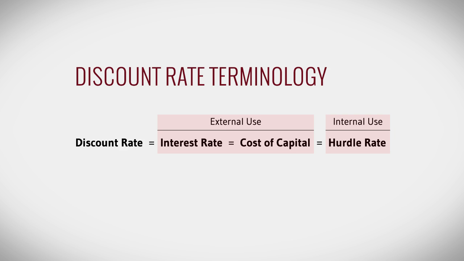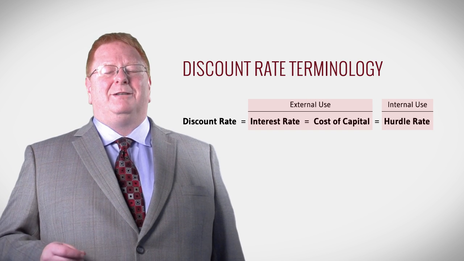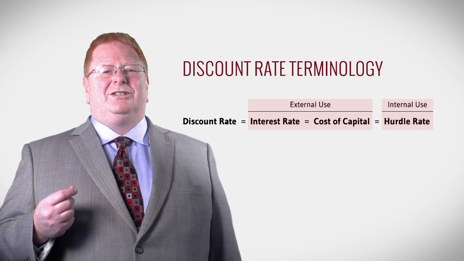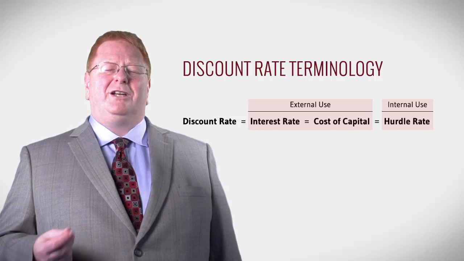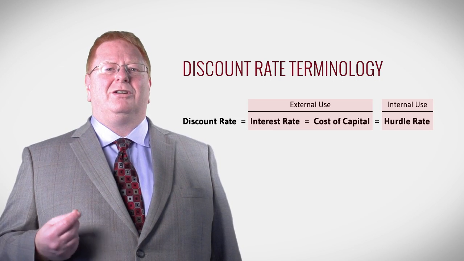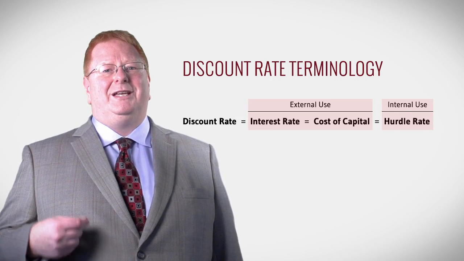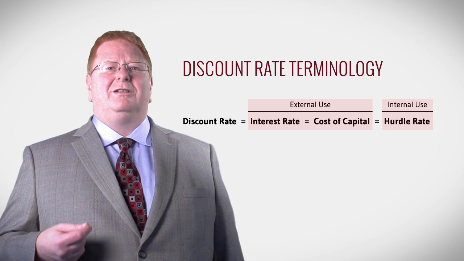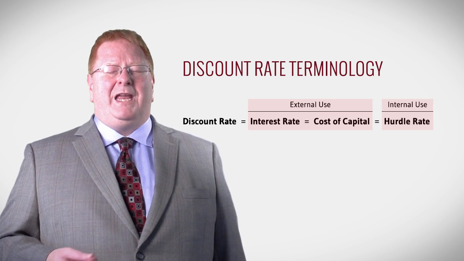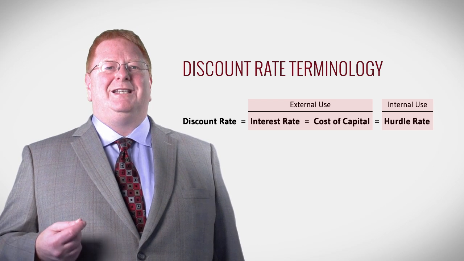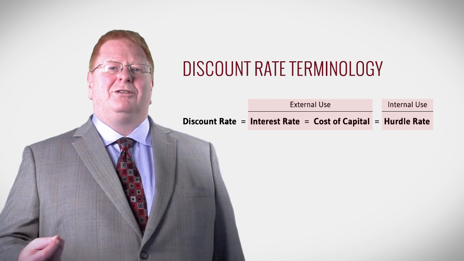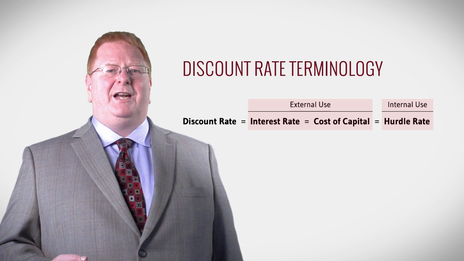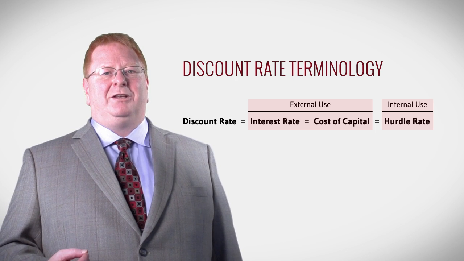Little terminology. I've been using the concept of interest rate. Internally to the business, people might also refer to this as something called the hurdle rate or the expected rate of return. Externally, it might also be called the cost of capital. And you might hear people refer to it as the discount rate. These terms are fairly interchangeable in finance when it comes to time value of money.